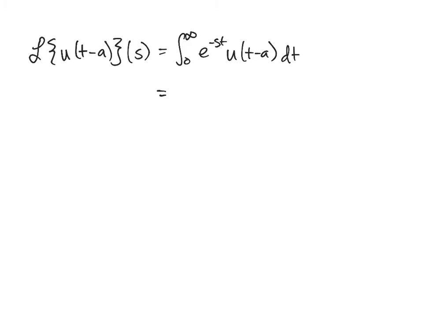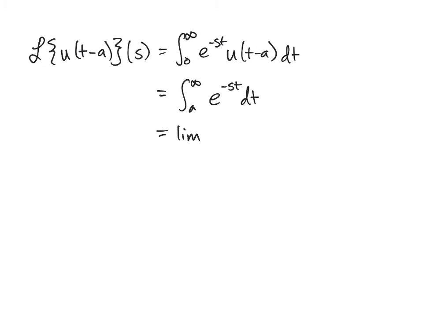This integrand is 0 up until t equals a, so we can change the lower limit to a, and after that, u of t minus a is just 1, so we get rid of it altogether.